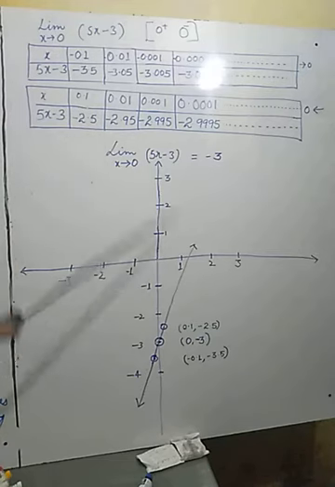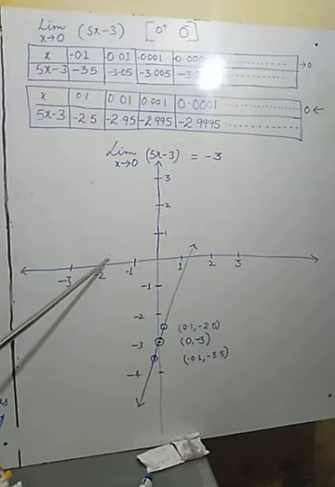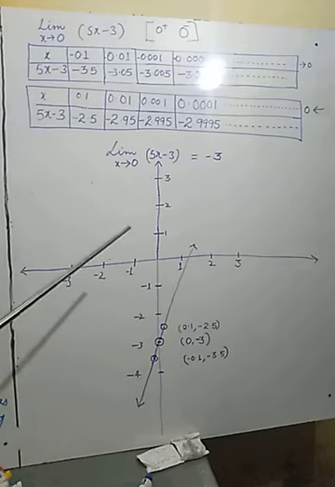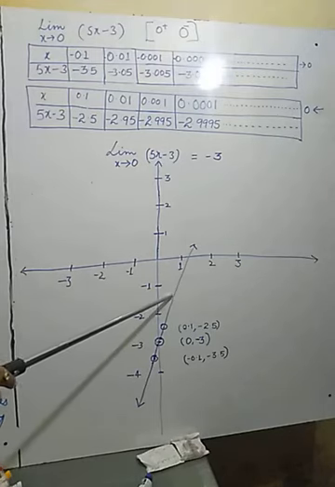Clear? So we take different values of x, some less than 0 and some greater than 0. For which purpose? To draw a graph of this and to represent this function.